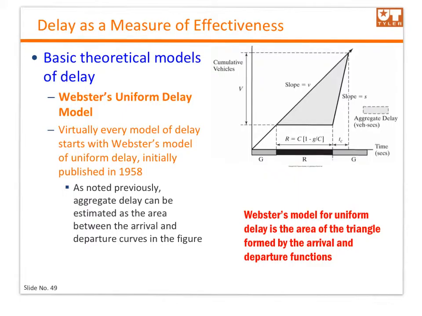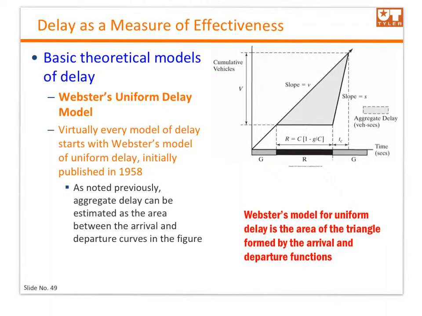Basically, Webster's model is designed for uniform delay, which is the area between the arrival function and the departure function. As noted previously, the aggregate delay can be estimated as the area between the arrival and departure curves in the figure, as we can see here.